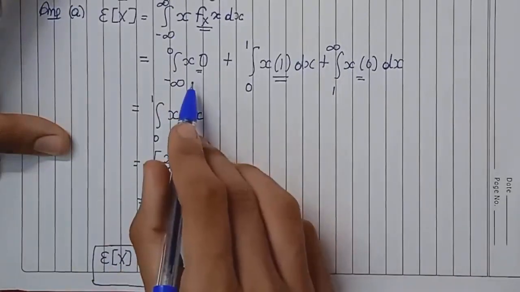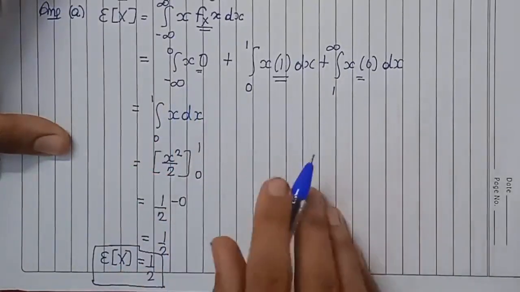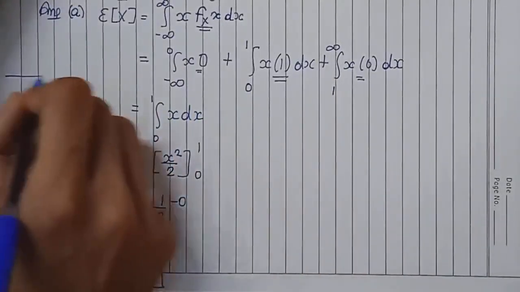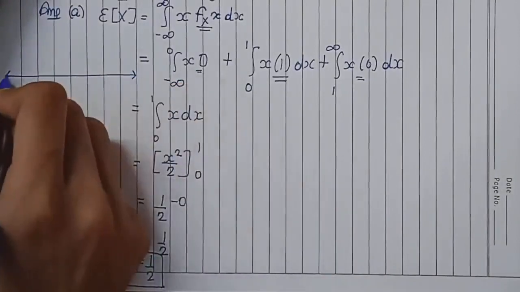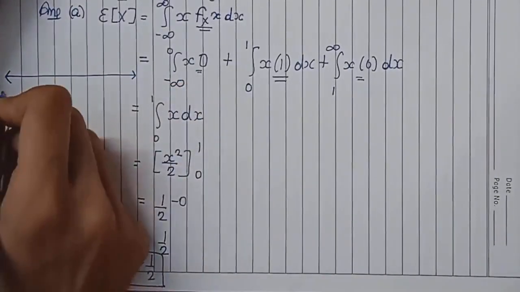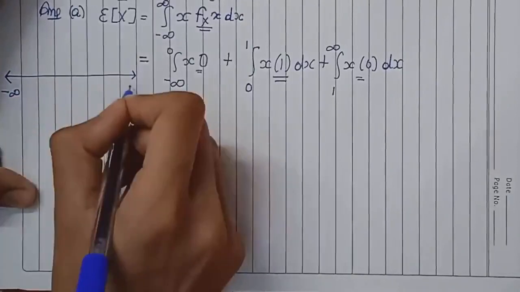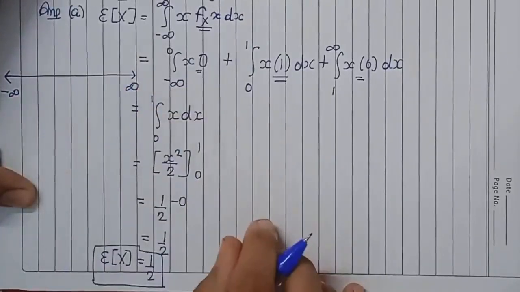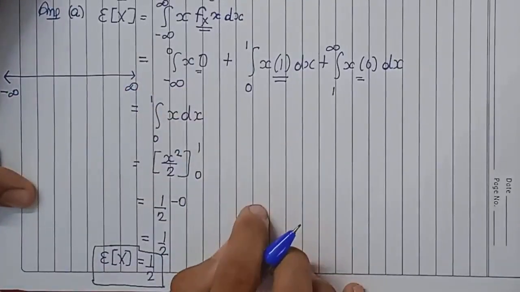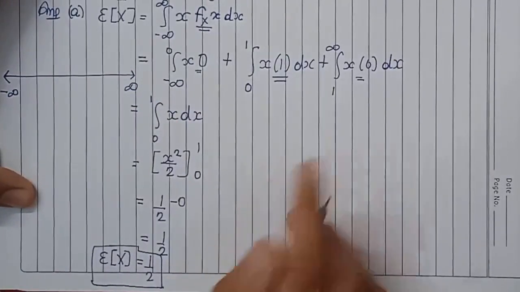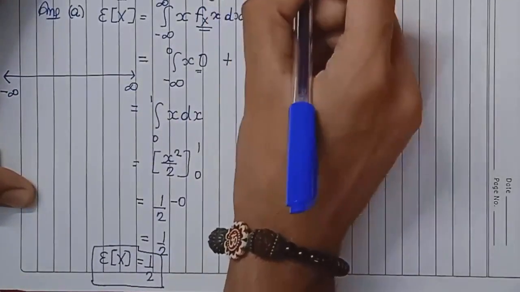Now if you are confused about how I break this, so let me explain this to those who are confused in this part. We know that we need to integrate from minus infinity to infinity, and the different real number values that are visible to us in the range of PDF are 0 and 1 only.